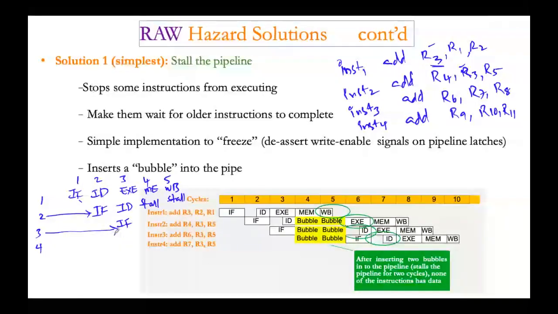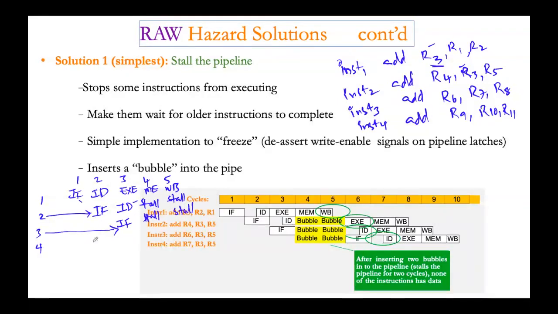The third instruction is busy with instruction fetching, but the second instruction is busy with ID, so it will not allow instruction 3 into instruction decoding, so automatically it also stalls until instruction decoding becomes free.